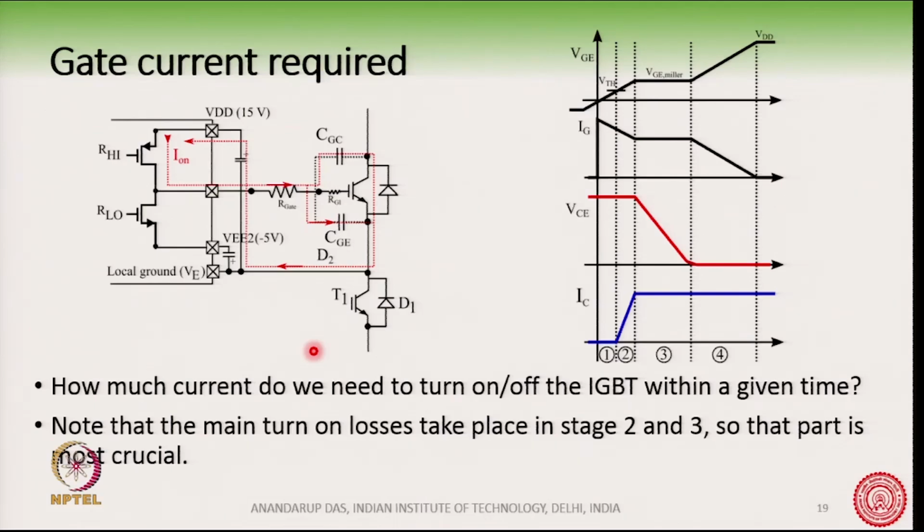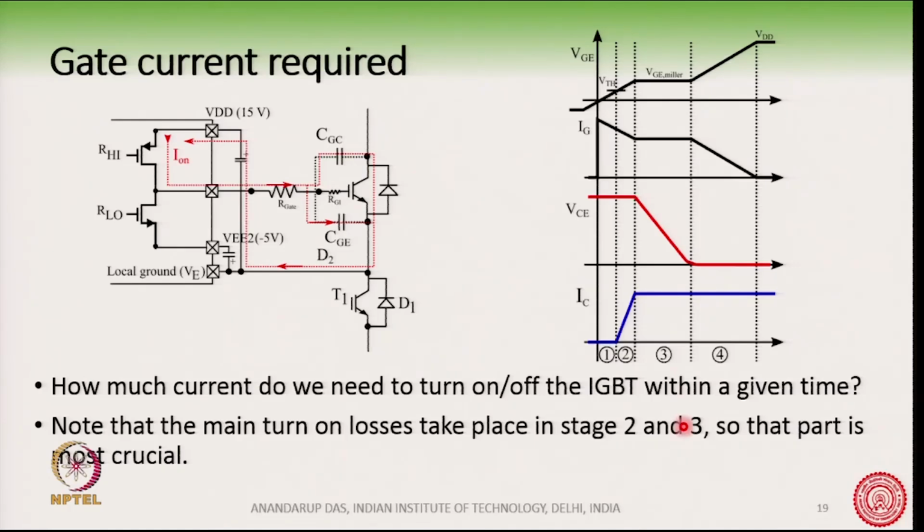In order to understand this, we should also note that the main turn on losses of this device take place in stage 2 and 3. These are the two stages in which the losses are taking place.